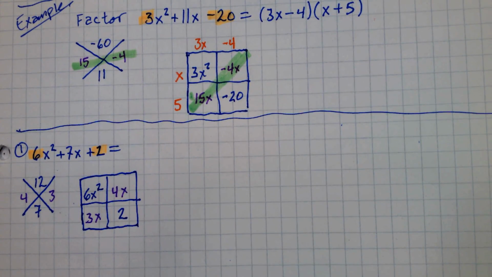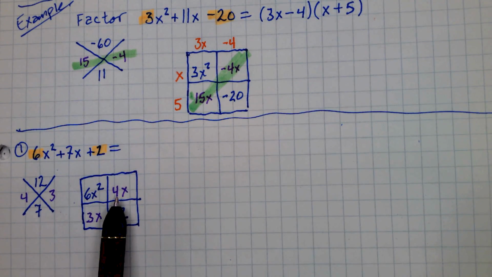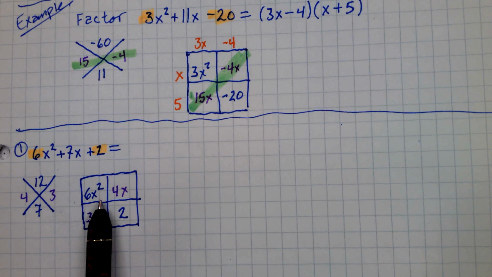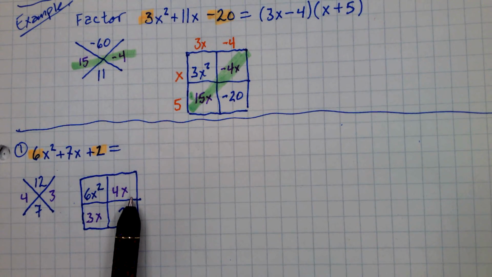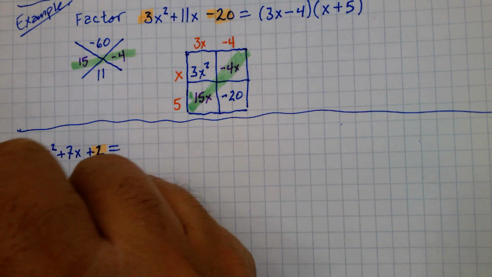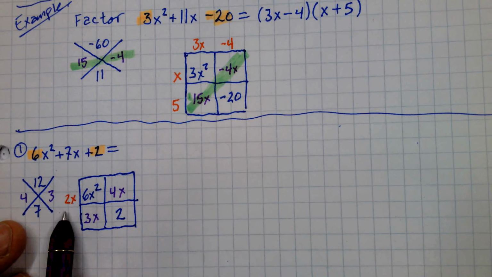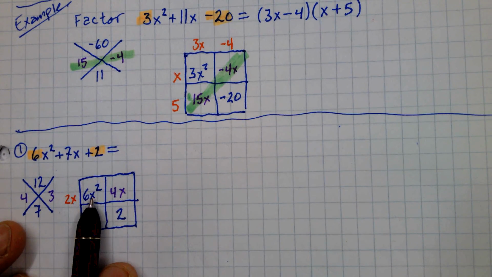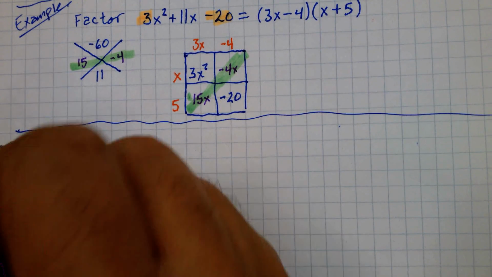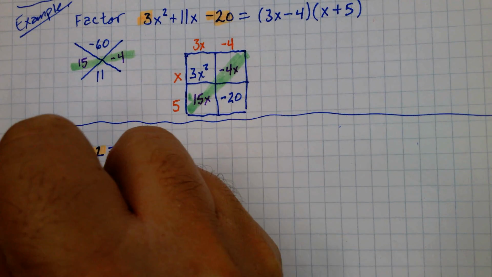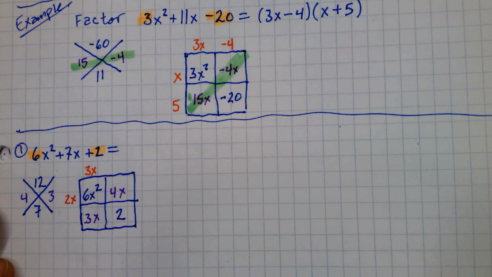Okay? And let's factor. So I'm going to start here. I have 6x squared and 4x. What comes out? 2x. So 2x can divide out. And then 2x times something is 6x squared. 3x. Okay?